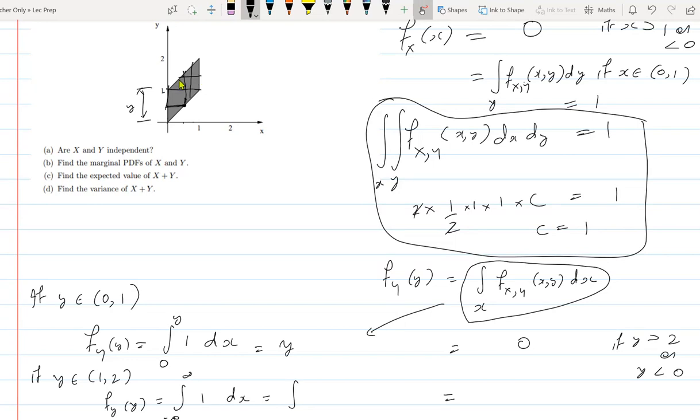So let's say this is the value of y. What is this point here, and what is this point here? The second value of x is 1, so the upper limit is 1. That is very clear. What is the lower limit?